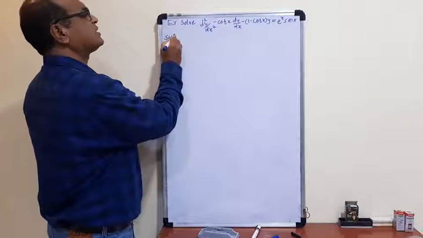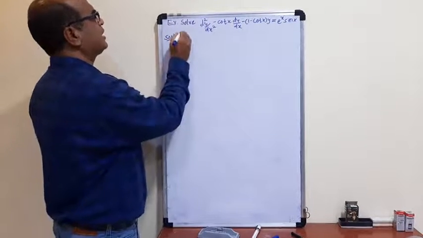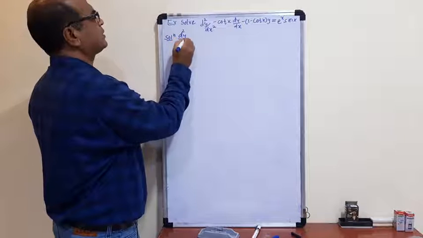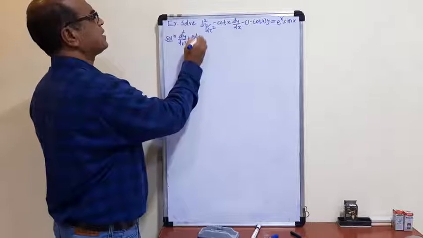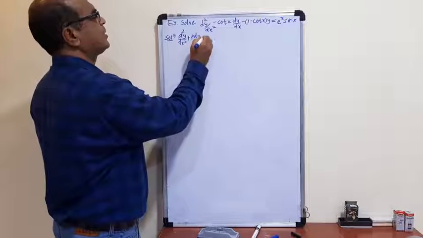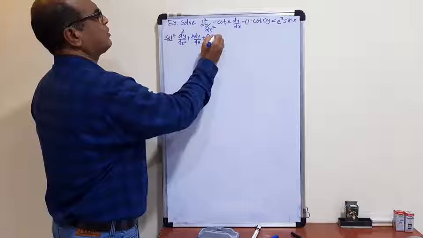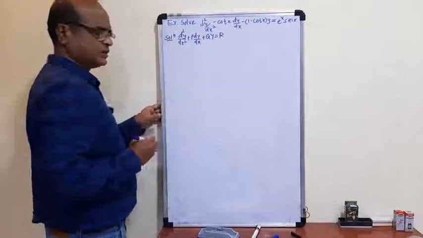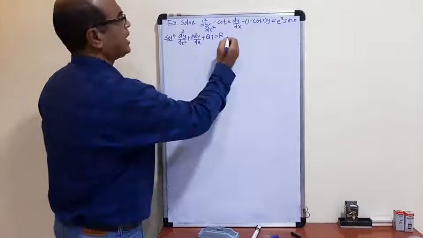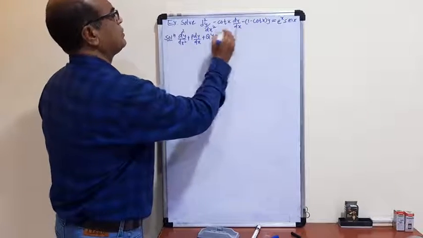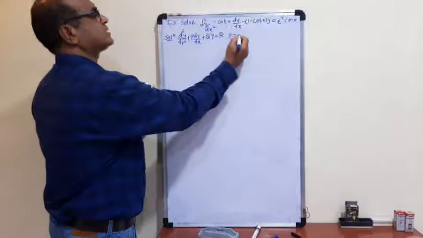So we compare this differential equation with the standard equation d2y by dx square plus p dy by dx plus qy is equal to r. So this is the second order differential equation. By comparing, what is p here? p is equal to minus cot x.